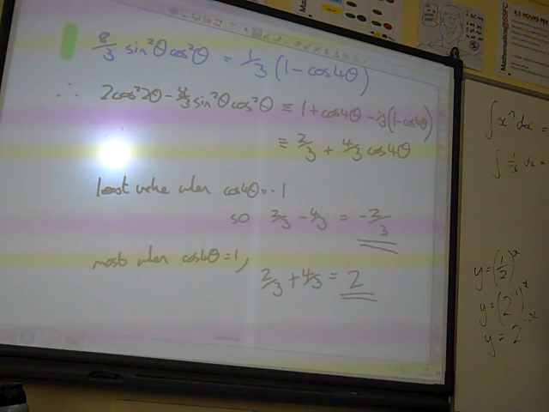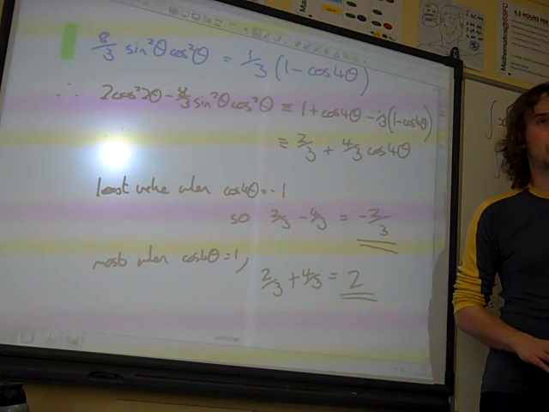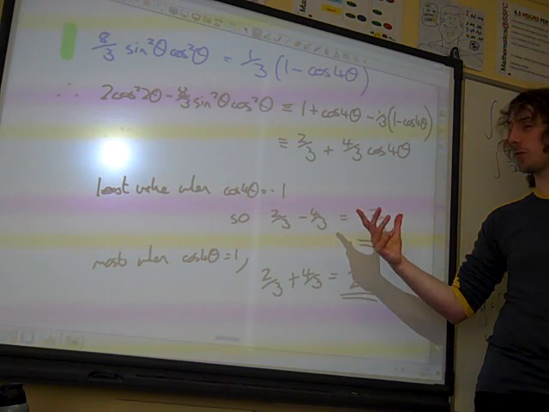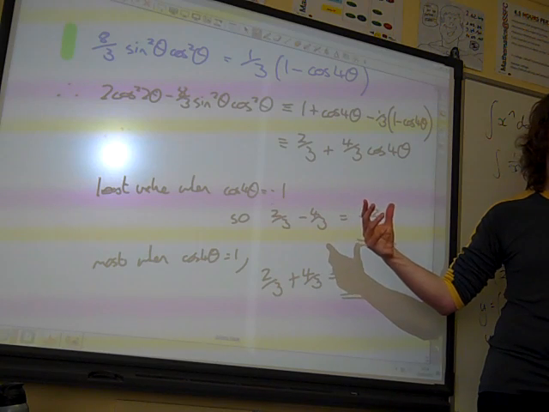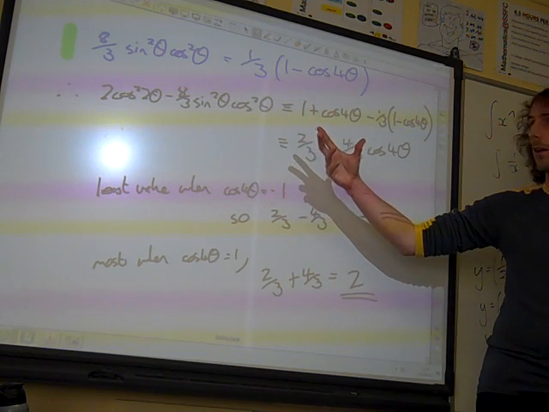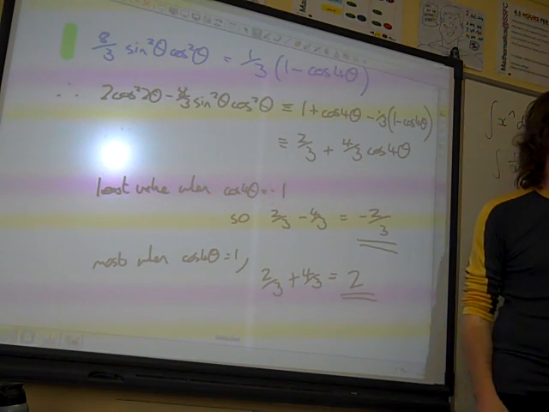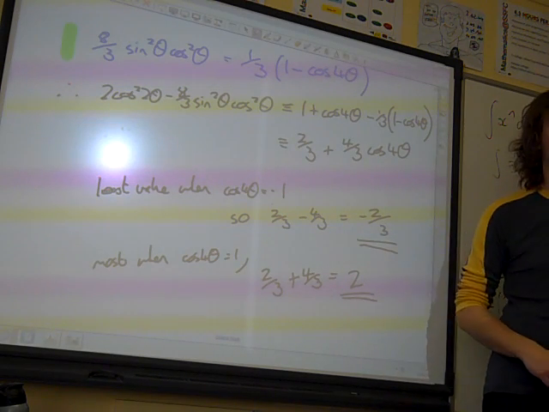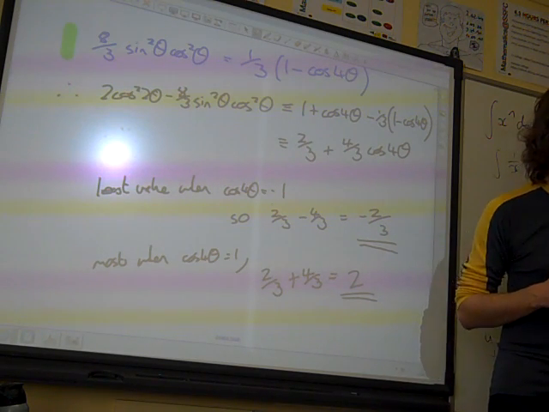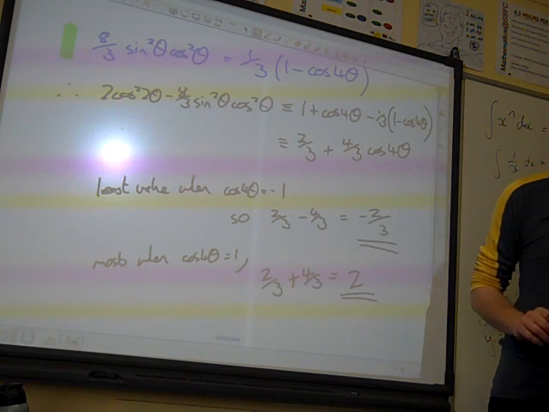So they're the values that we're looking for. That's a reasonably common thing, isn't it? You write this expression involving some trig functions and then talk about when it has its least or most values. What were the greatest and least possible values?